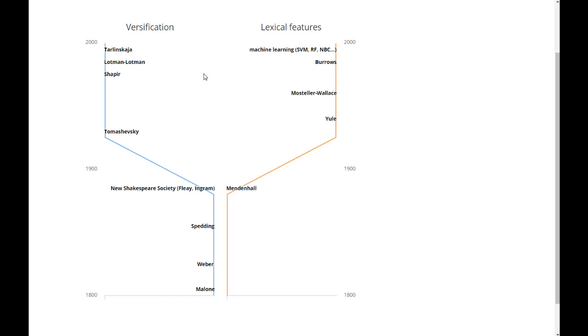What is not mentioned so often is that even 100 years before Mendenhall, there were attempts to quantitatively approach versification and use the results for authorship attribution. It was associated with Shakespeare studies, with the questions of which works are written by Shakespeare and which are not.